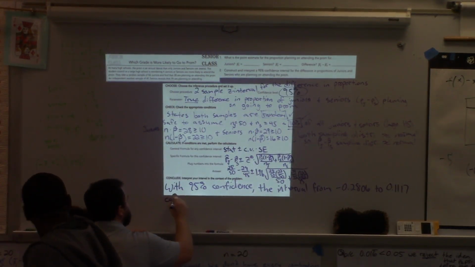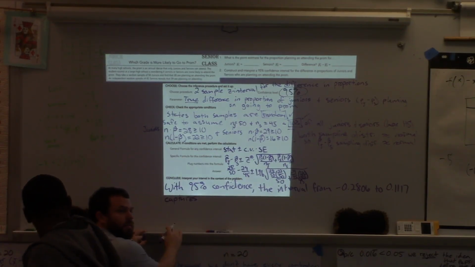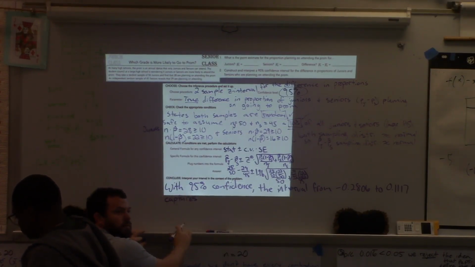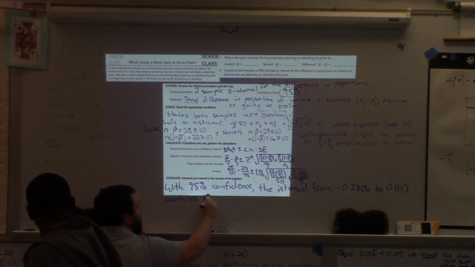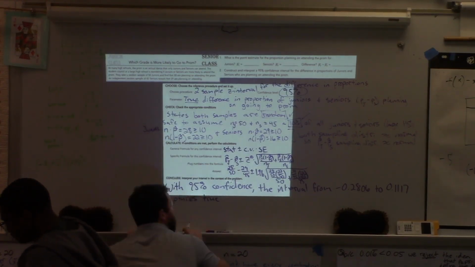The true proportion of different values. Notice at this point, this is why I said earlier, if you've taken the time to define your parameter earlier in the choose step, you just take that parameter and you write it right here. That's it. I just want to point that out. If you've taken the time to accurately define your parameter, you're set.